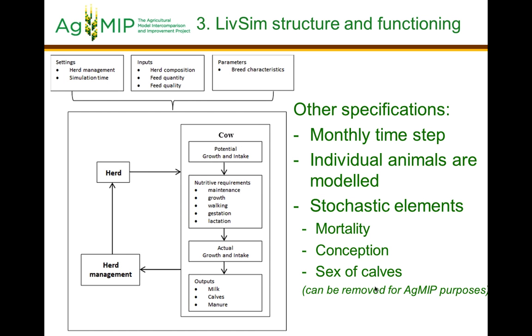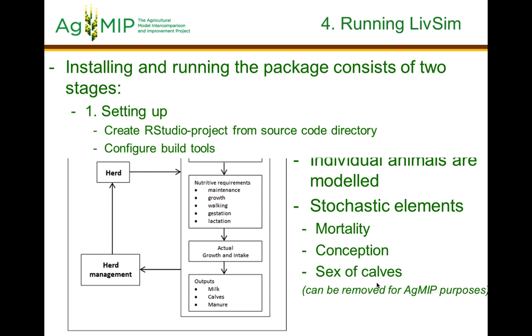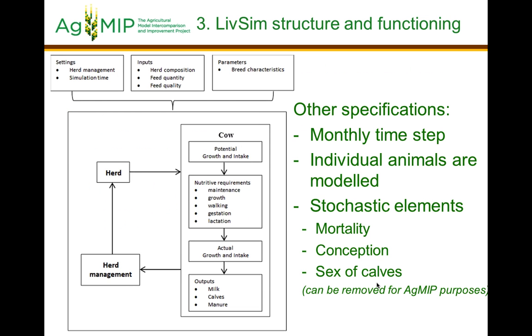Those stochastic elements can also be removed, so you can run LivSim in a deterministic mode. That means that, for example, when we talk about the sex of the calves, you will have a male and a female, and a male and a female calf, alternating between the two sexes. The advantage of that is that you don't need a lot of runs to average out these stochastic elements.